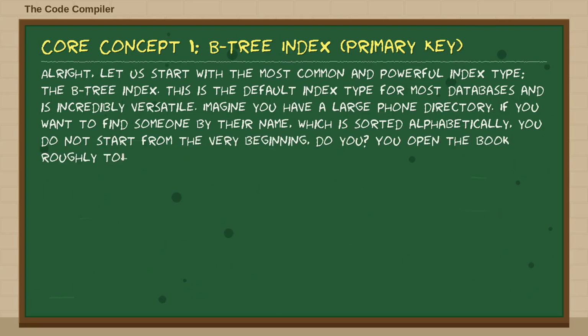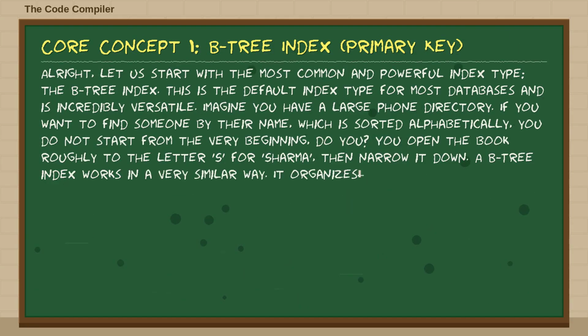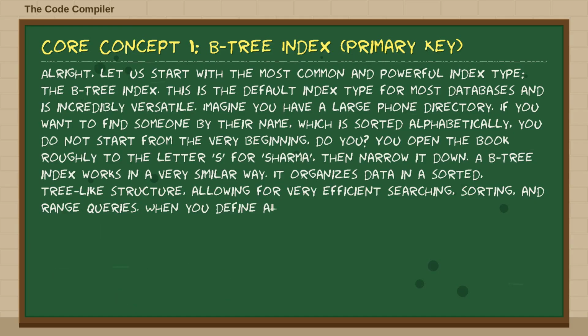You open the book roughly to the letter S for Sharma, then narrow it down. A B-tree index works in a very similar way. It organizes data in a sorted, tree-like structure, allowing for very efficient searching, sorting, and range queries.